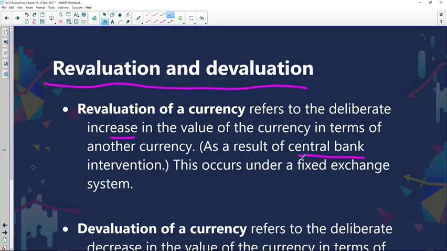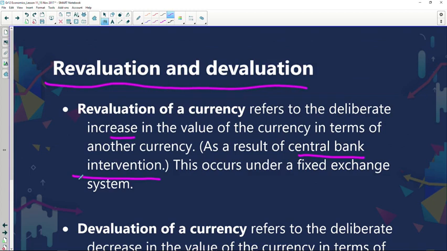So the central bank is involved and they are using it as an intervention because they want to manage. So when we look at the monetary policy and the fiscal policy, but monetary policy specifically in this particular instance, you've got the central bank being involved because they want to influence the value of the currency.